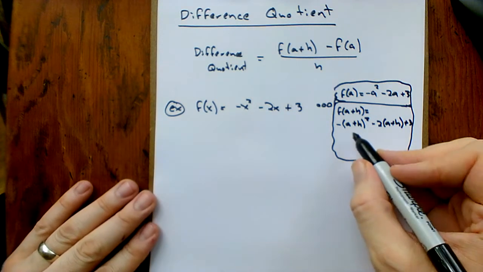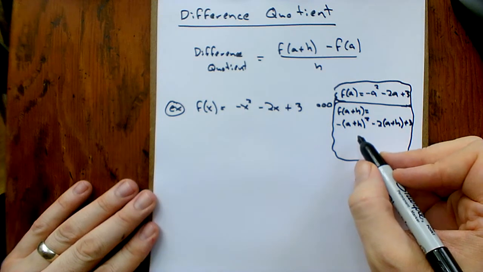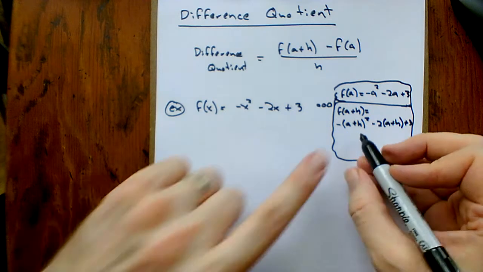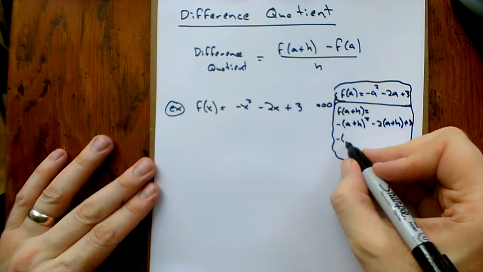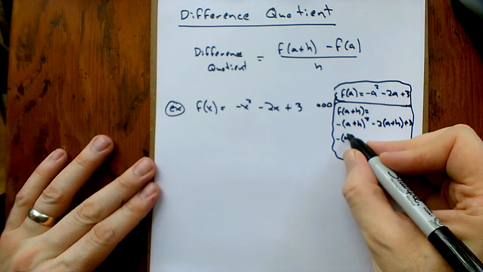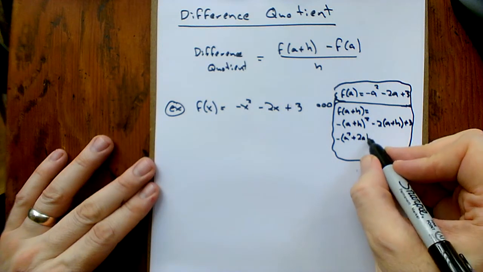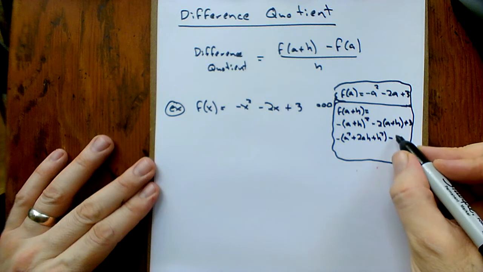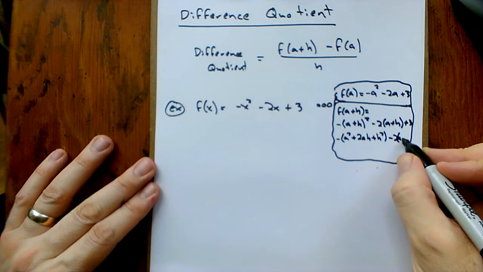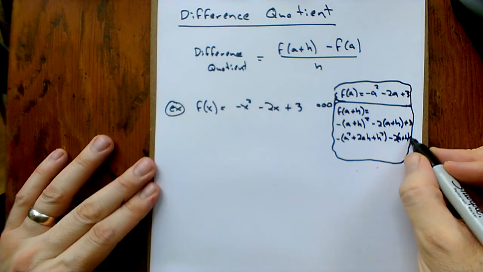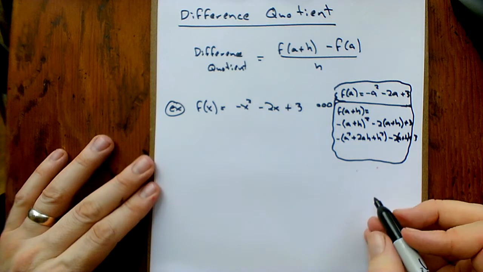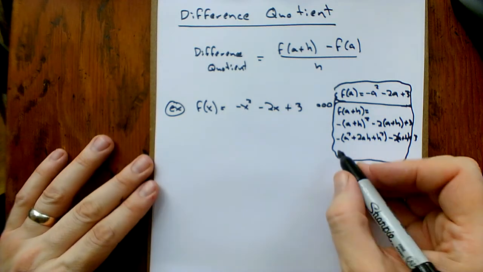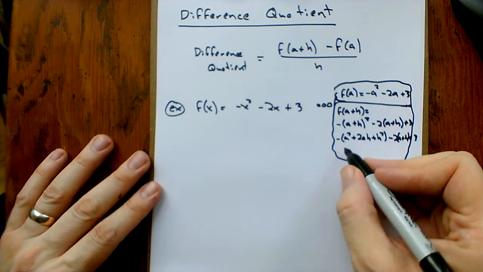And thinking about this, I'm going to have negative a plus h squared. That's going to be the opposite of a plus h times a plus h, which is a squared plus 2ah plus h squared, and minus 2 times a plus h, plus 3.